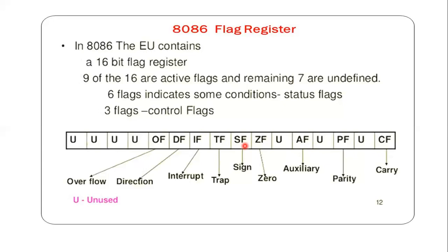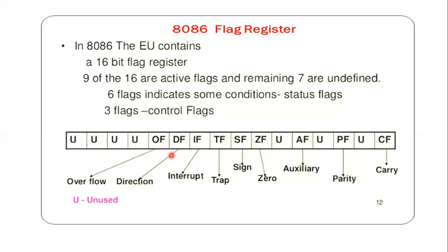And then overflow, that is OF. When the overflow flag is set, it indicates that the signed result is out of range. If the result is not out of range, then this flag remains reset.